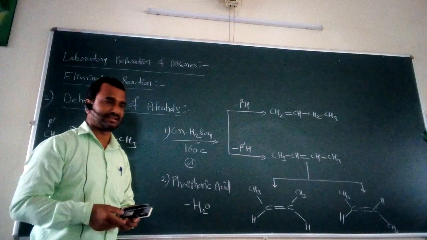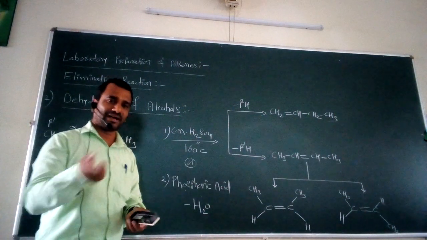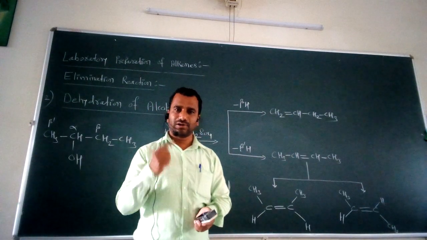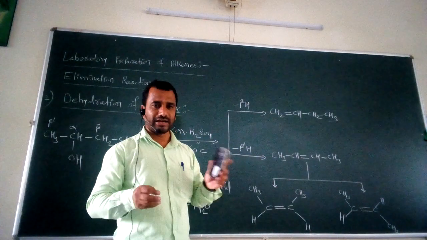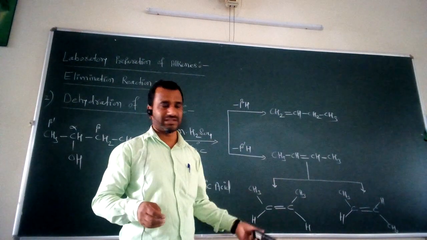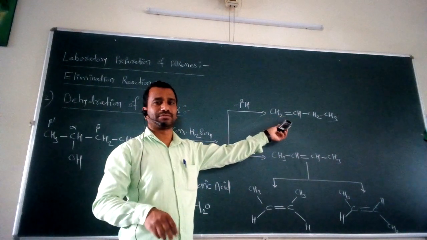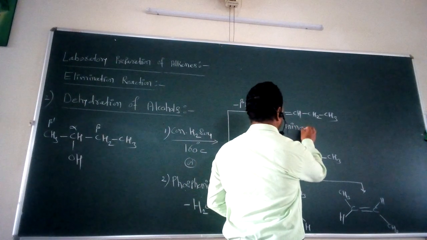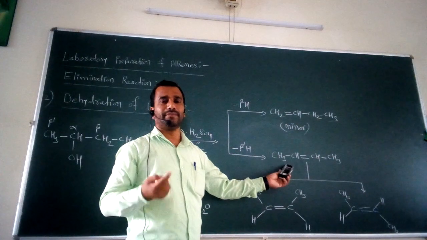Now, the question arises, which is the major product and which is the minor product. Again, it is the same as in the dehydrohalogenation of alkenes. According to the Saytzeff rule, the highly substituted alkene forms as the major product. If we look at all these structures, the first alkene, 1-butene, is the least substituted, so it is obtained in a minor amount, while 2-butene is obtained in a major amount.